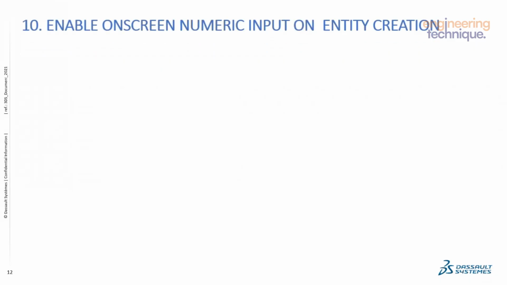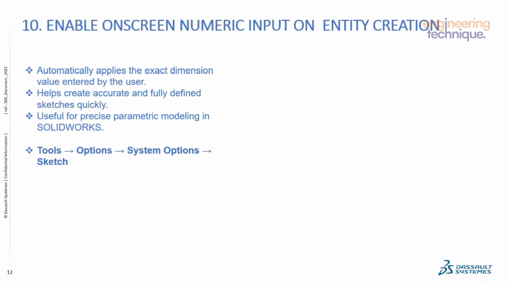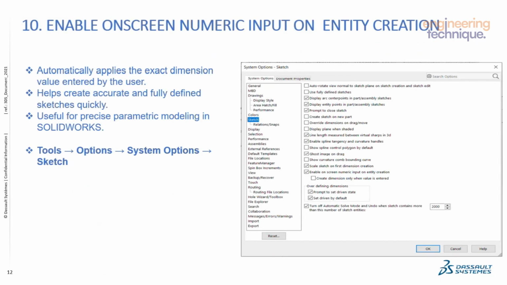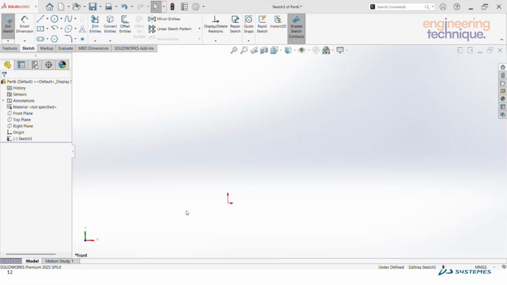Next, we will discuss enabling the on-screen numerical input in entity creation. So what is this option? Many of us work on CAD and some applications for 2D CAD also, and we normally use different methodologies to create.